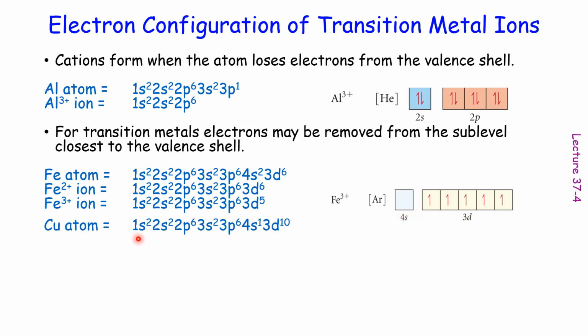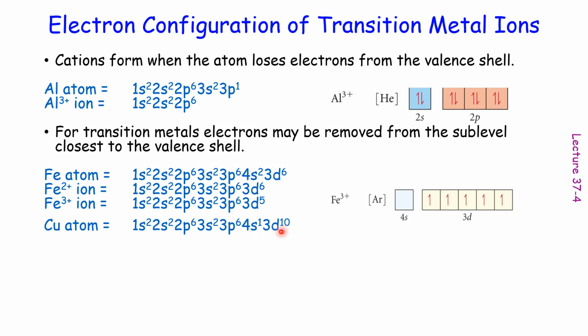This is the electron configuration for copper atom. You may notice this is 4s1, 3d10, and this is the correct electron configuration for copper atom. If you write 4s2, 3d9, the number of electrons are the same, but that is the incorrect electron configuration for copper atom, because in that electron configuration, the 3d orbitals are not fully filled.